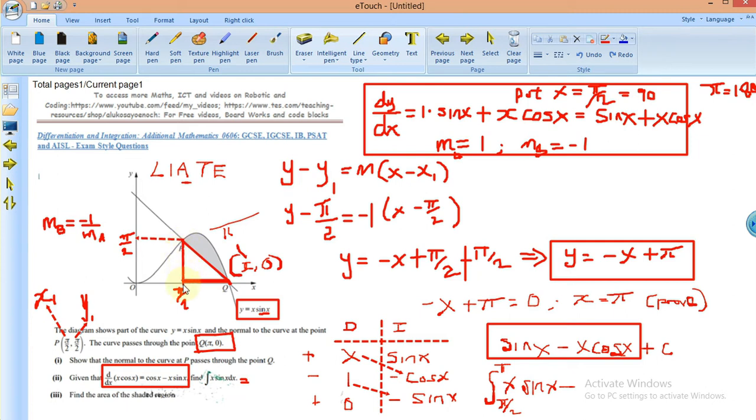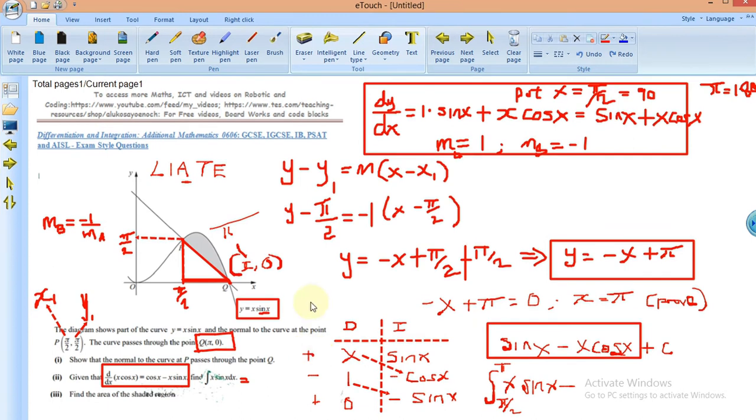So now, the area of this triangle, or better still, you can do area of the curve minus area of this straight line, which is the area of the triangle. That will give us the area of the shaded region. So this is the shaded region. So area of the curve minus area of this triangle will give us area of the shaded region.